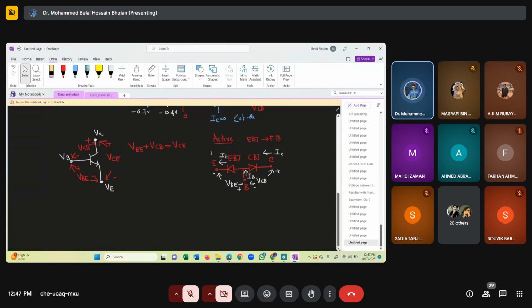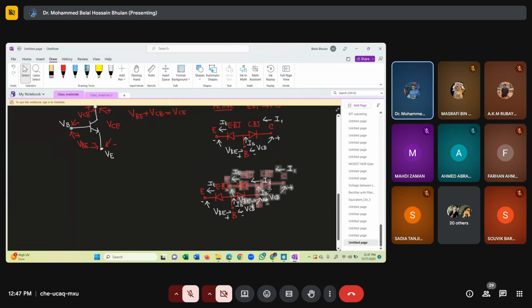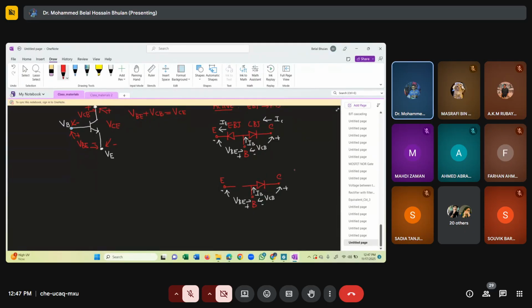We can replace the BJT with a DC voltage source of 0.7, since it is a diode and forward biased, 0.7.